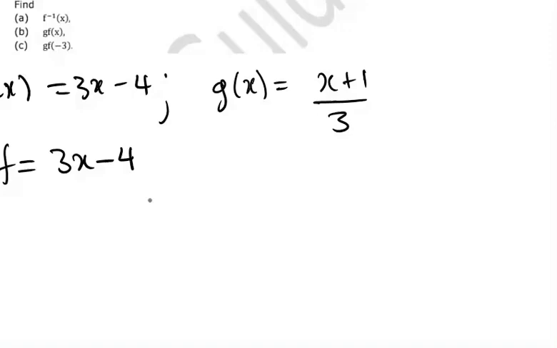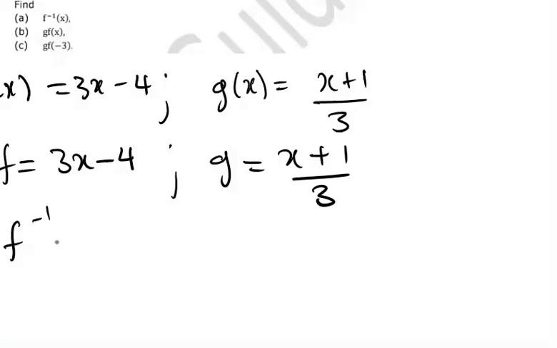Let me say f is a function of x, and g is also a function of x. So part A, we are told to find f inverse of x. So when you see this power, it means inverse.